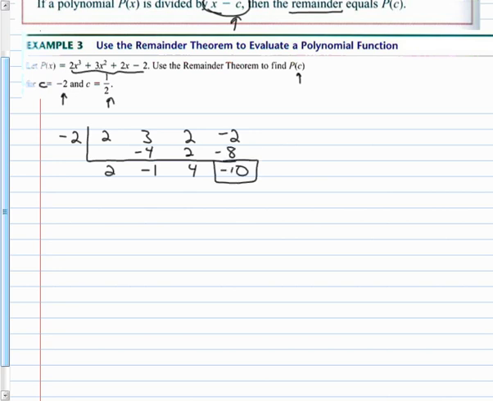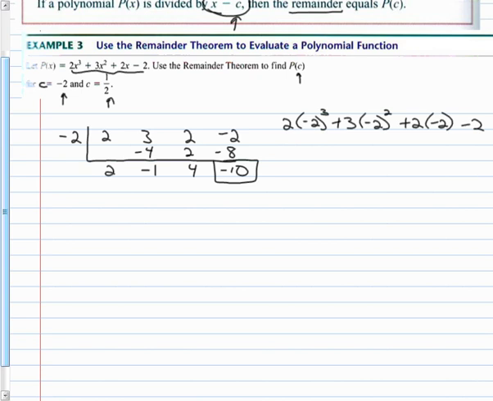There's my answer, -10. Now let's check it out. Do your calculators with a -2 up there real quick. 2 times -2 cubed plus 3 times -2 squared plus 2 times -2 and subtract 2.